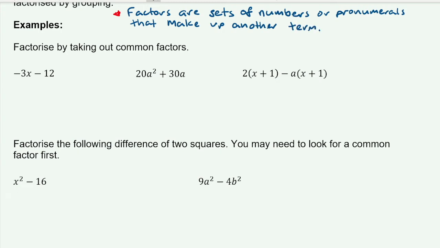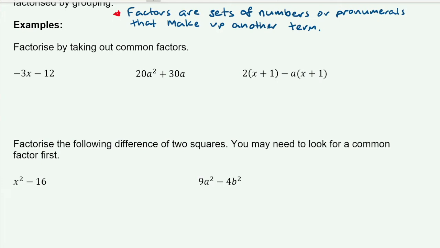Okay, so we're putting numbers and pronumerals together to make another term. It could be two numbers, two pronumerals. It doesn't really matter what combination it is. It's just things that make up another term.